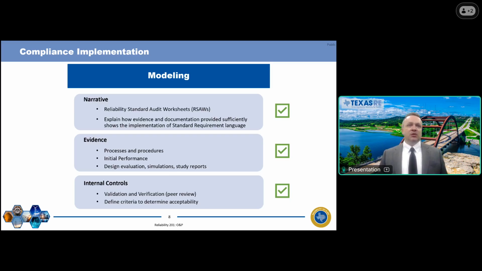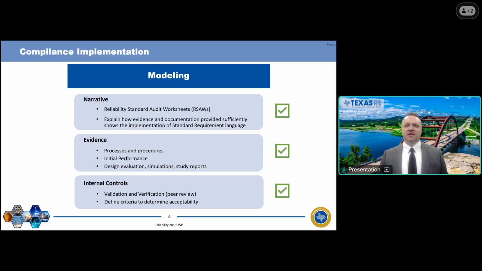And so your internal controls should be focused on the validation and verification, which is peer review, and the criteria to determine acceptable models. The model testing reports, the date you submitted your information to the transmission planner, and the date you submitted your information to ERCOT could all be evidence to prove compliance with these modeling standards.